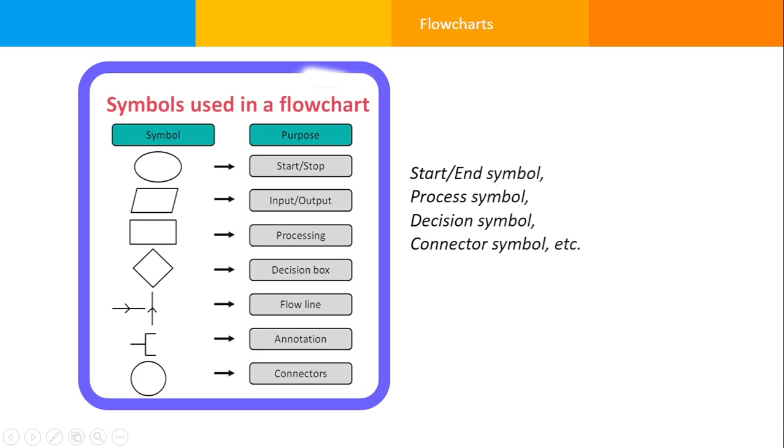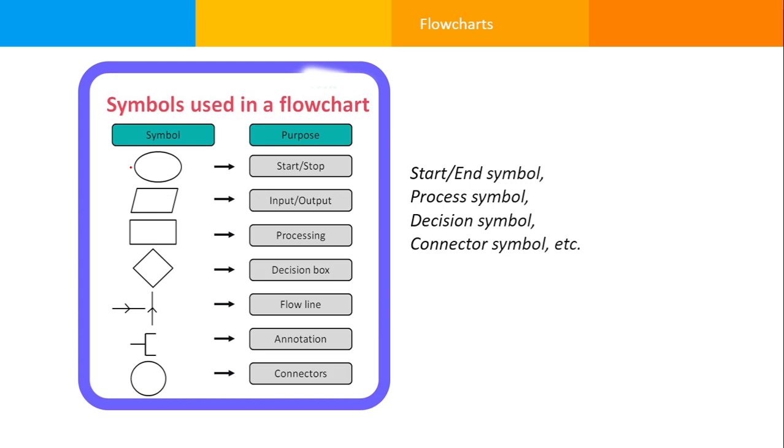What is the essence of the oval shape? It is used to denote the starting and the ending point of an algorithm. When you have step-by-step instructions that the computer needs to follow to solve a particular problem, and you want to represent them using flowcharts, you would have to have a starting point and then an ending point.